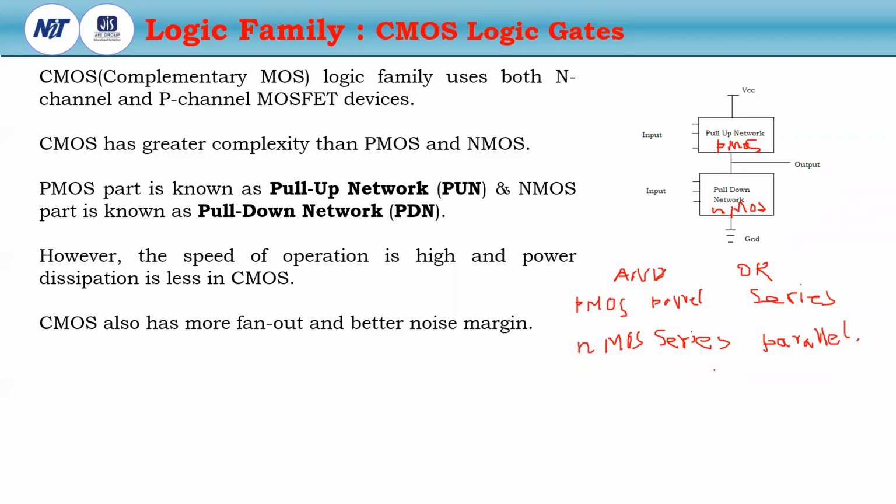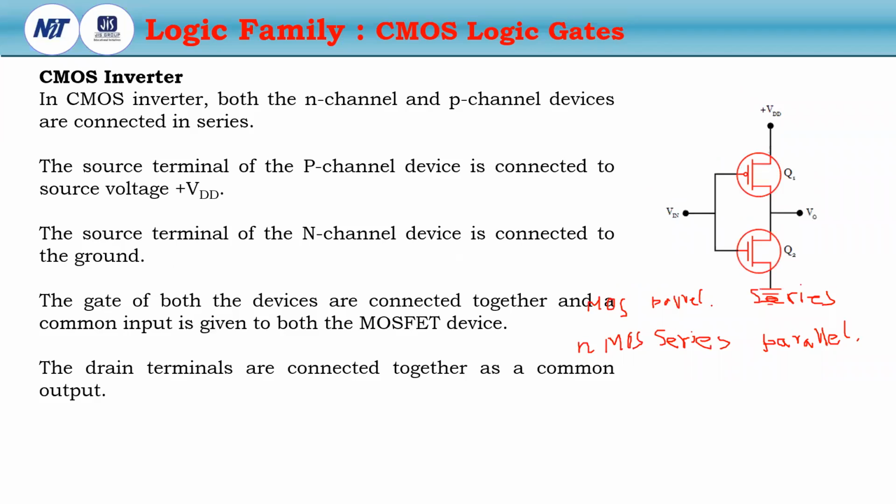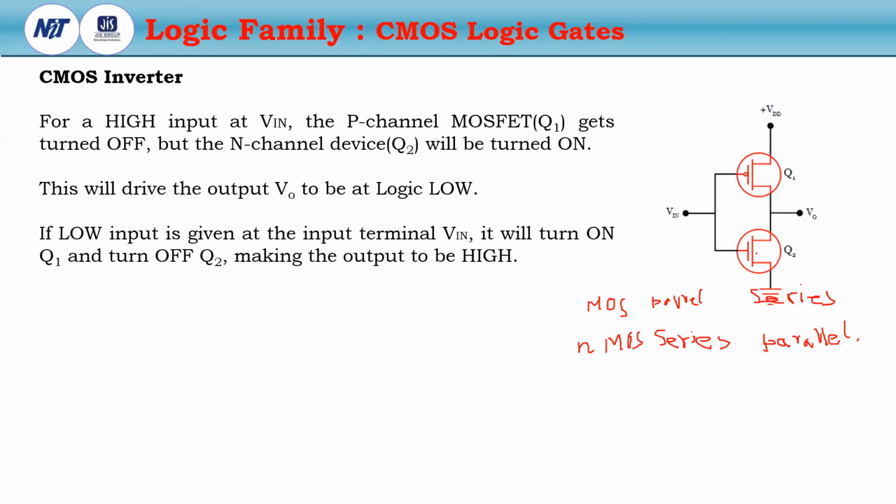Okay. So now if we come to the CMOS inverter, what happens? In the CMOS inverter, if we put logic 1 here, then Q1 will be turned off and Q2 will be turned on.